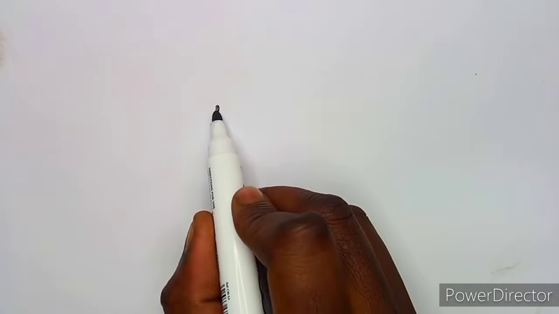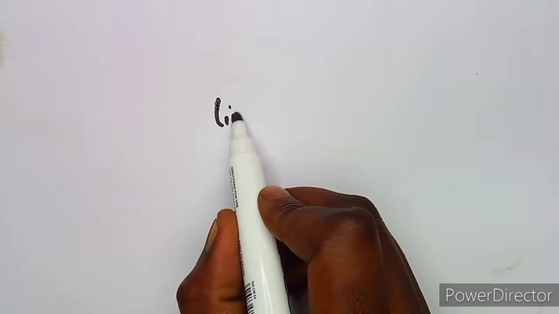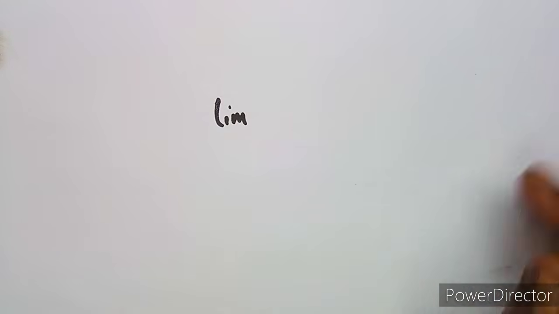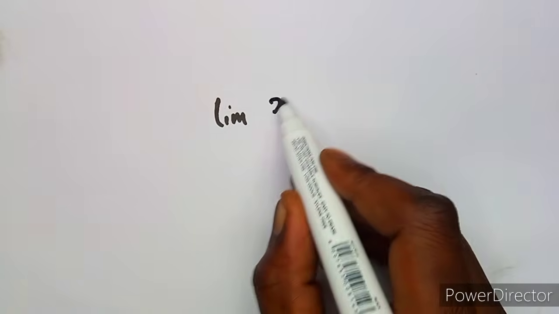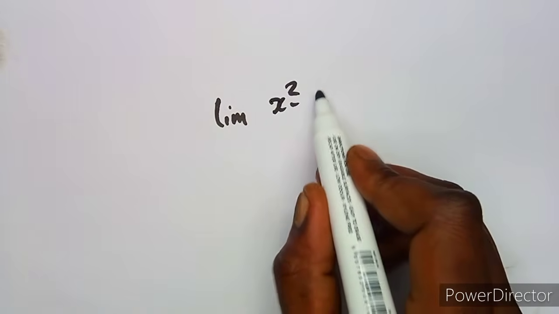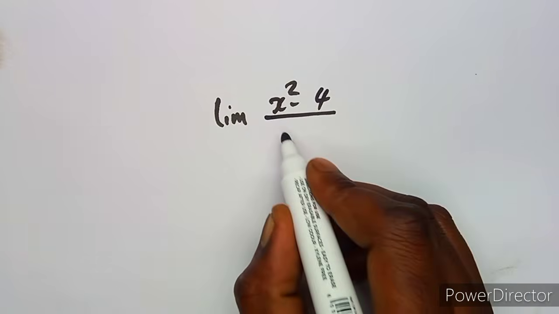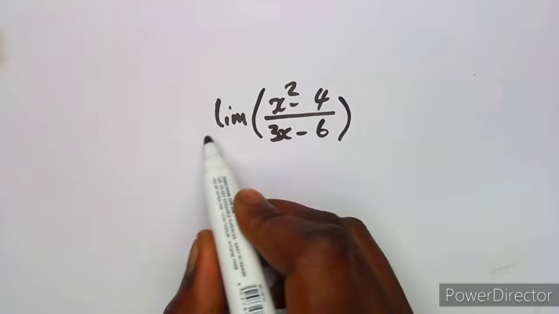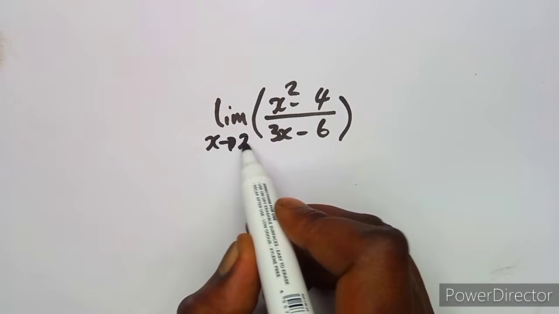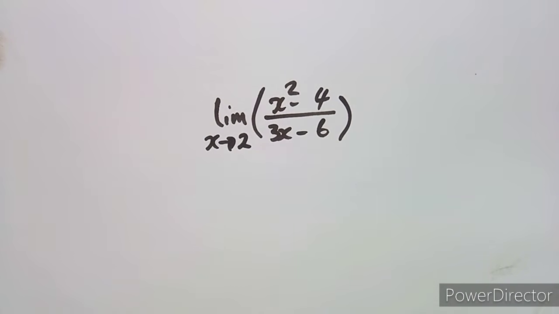It's the limit as x is approaching 2 of x squared minus 4 over 3x minus 6. That's the limit that you're given, but as x is going to approach 2, we are simply saying we have to substitute the value of x, which is 2.